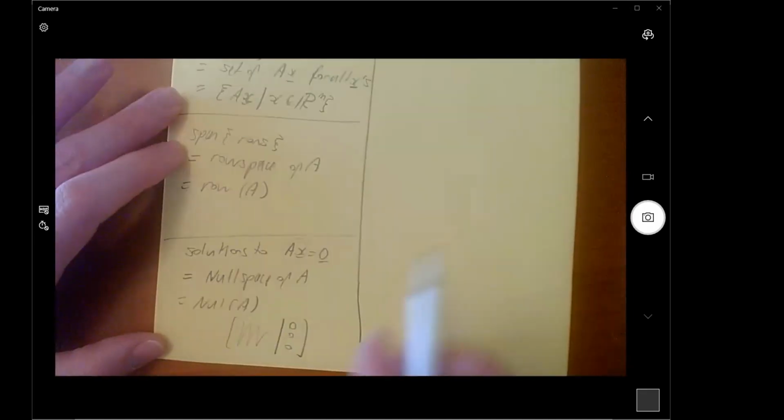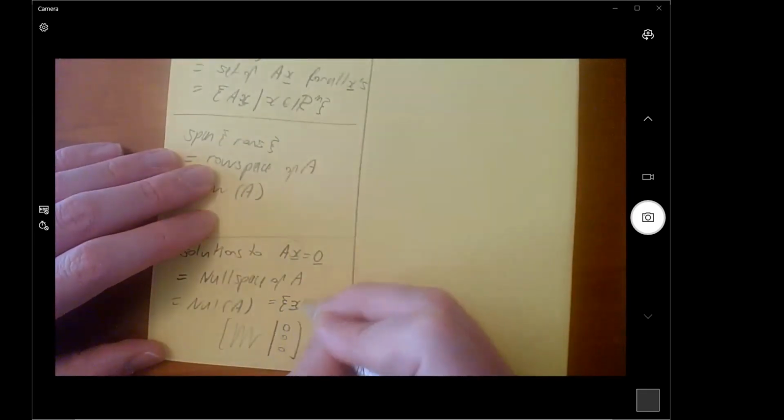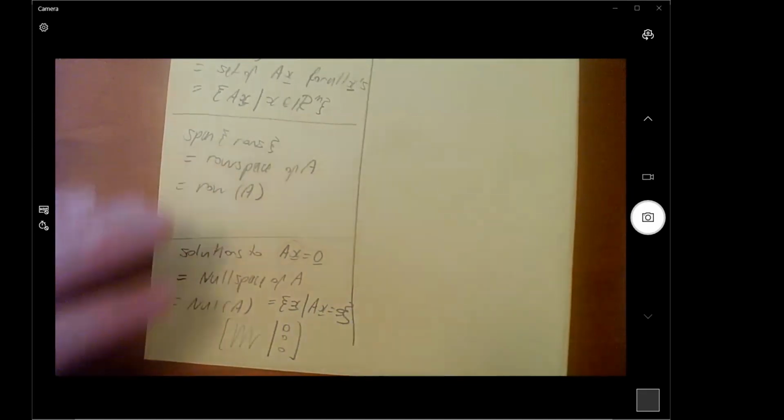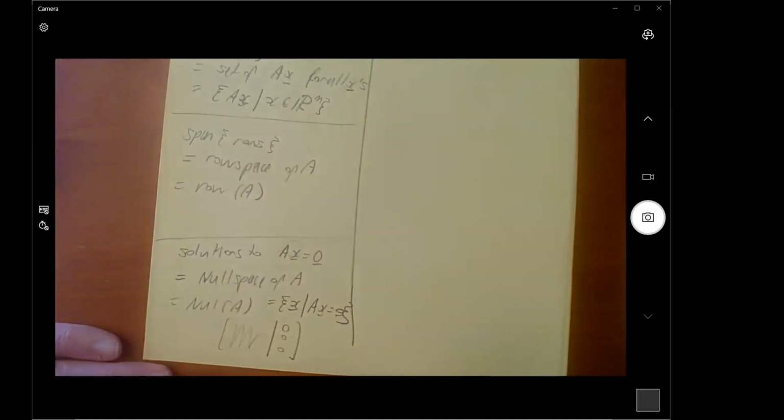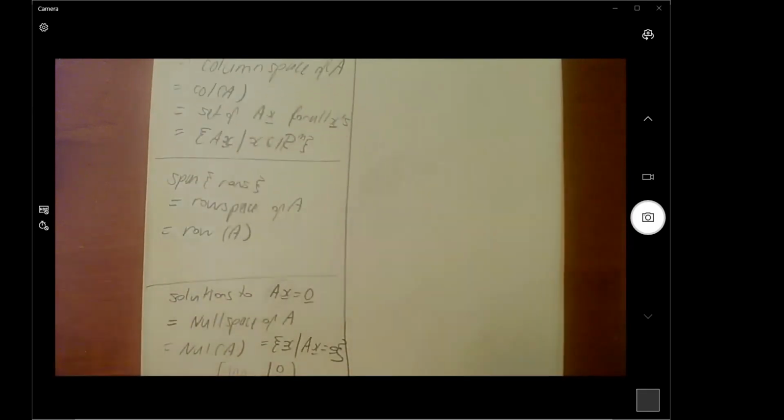And this one here is written as the set of x's such that Ax comes out to 0. Right, those are the three subspaces that belong to a matrix. I'm going to stop there and say, anyone got any thoughts or questions about that right now?